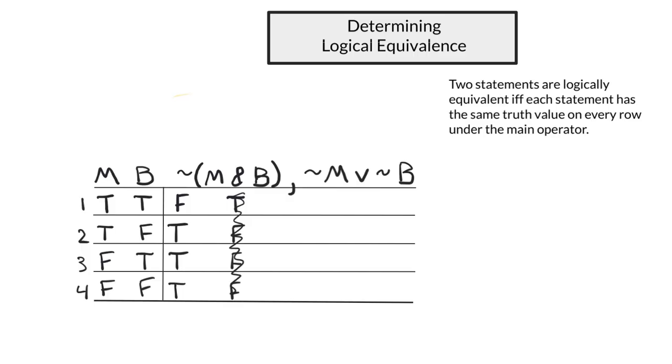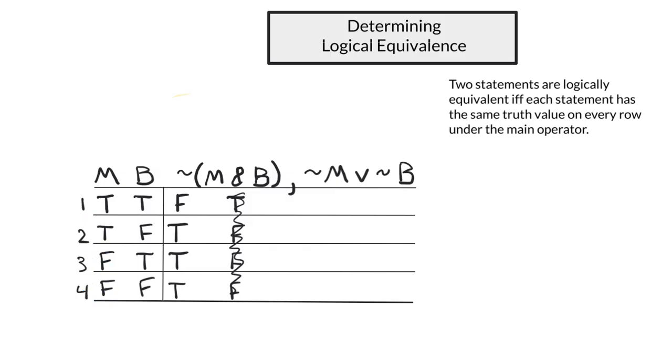Okay, let's handle the second statement here. It's not the case M or not the case B. I'm going to go through each disjunct, and I'll just work off the negated M, and then I'll do the negated B. So the negated M by row is just going to be the flipped truth value per row of our atomic statement.